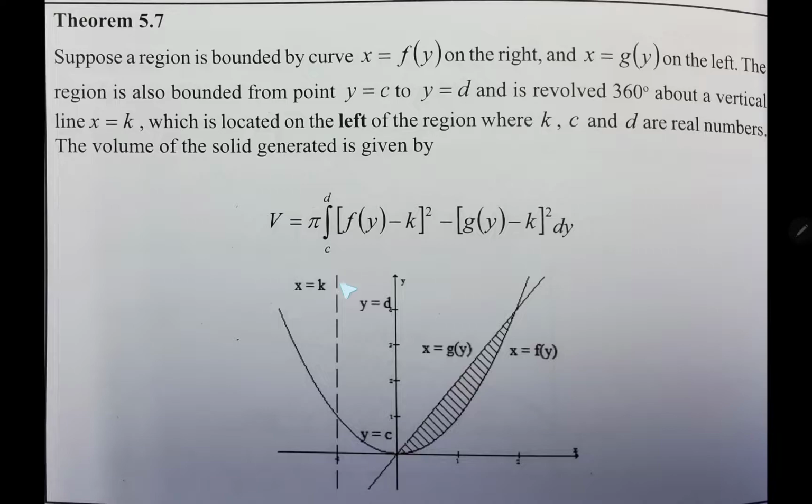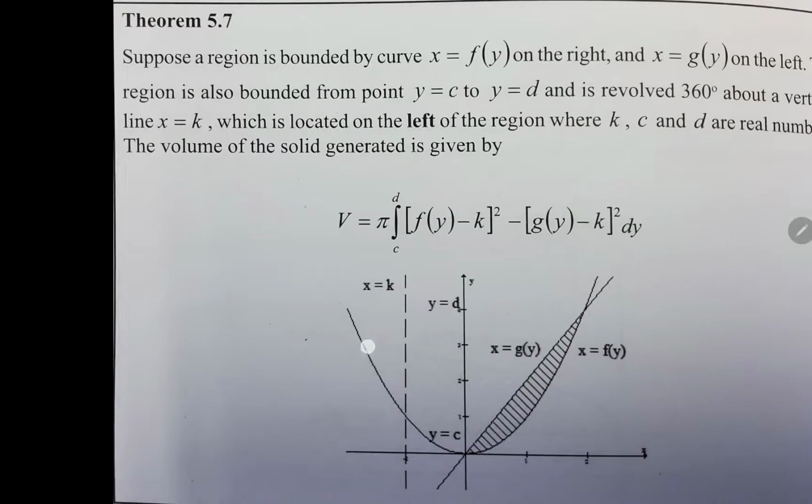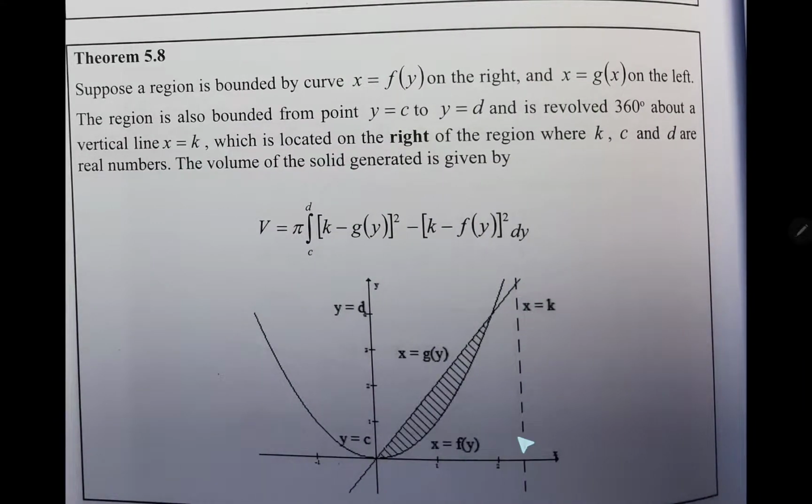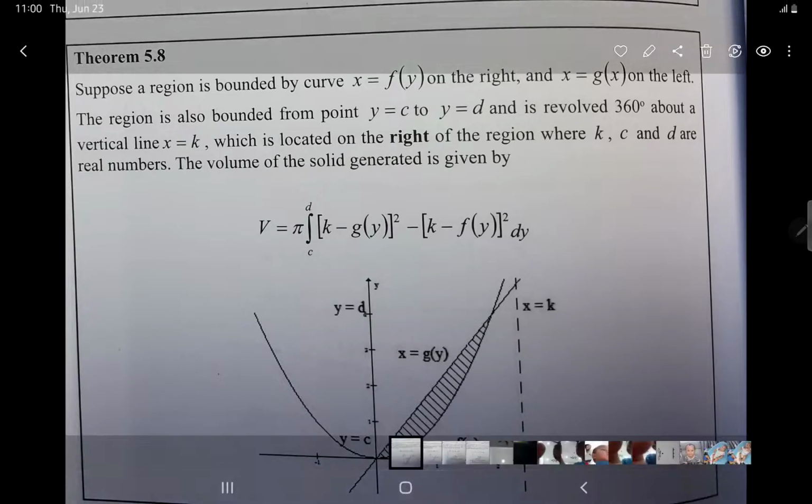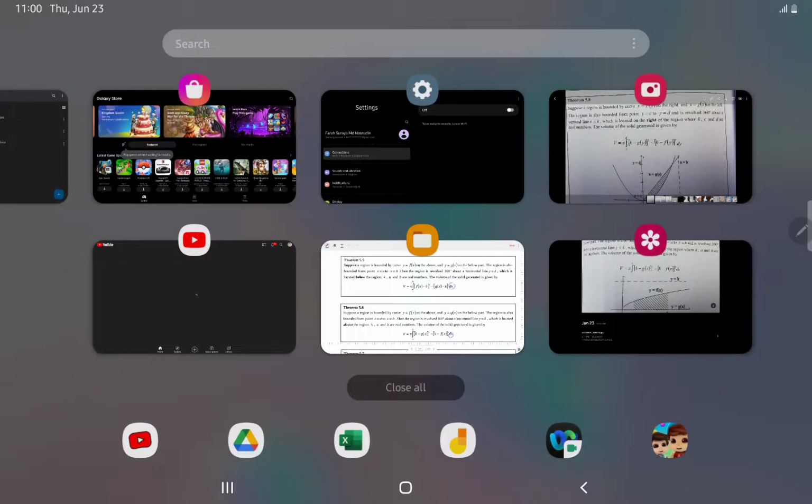Kalau axis of revolution dia belah kiri shaded region, kita guna teorem 5.7. 5.8 pula kalau axis of revolution dia belah kanan shaded region. So itu cara nak pilih formula yang betul. So kita balik semula kepada nota tadi.